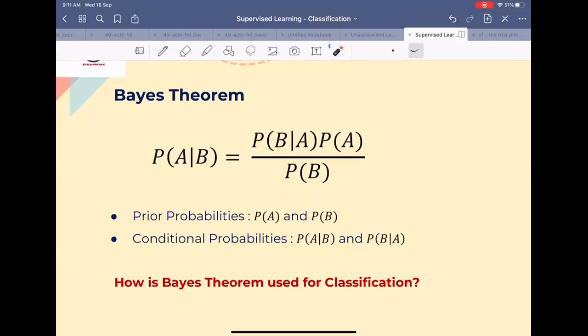Now, I am guessing that many of us will be very familiar with the probability of event A or probability of event B. These are called prior probabilities. So if I give you an example, what is the probability of getting a heads when you toss a coin?